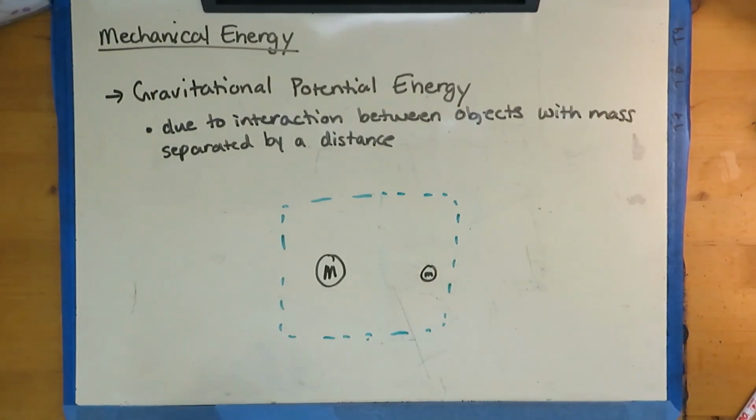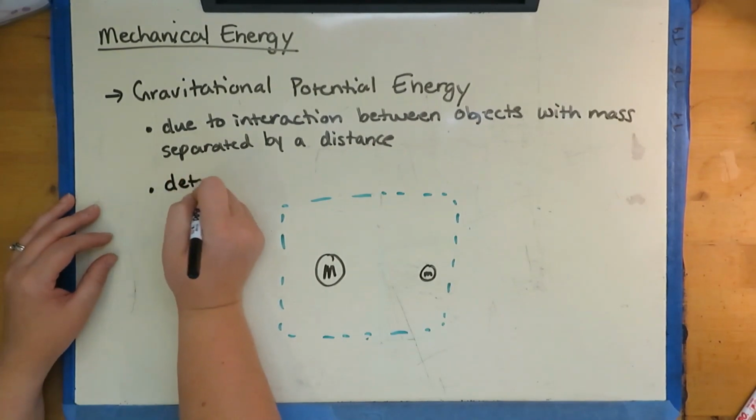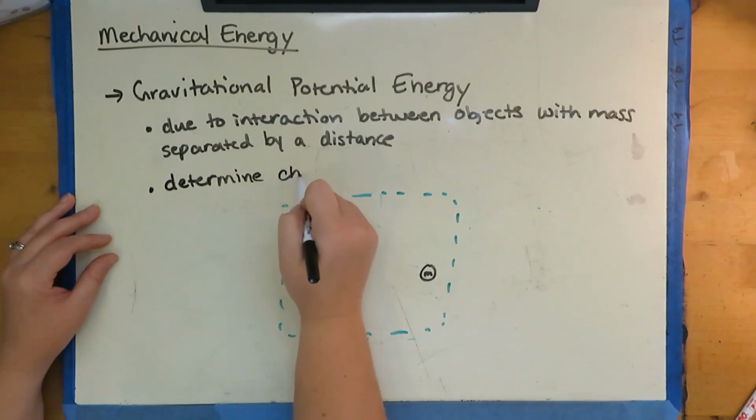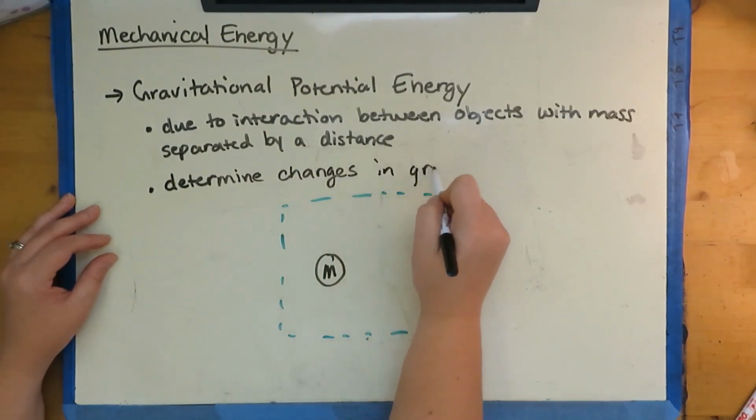The other thing that we have to consider is we cannot measure the absolute gravitational potential energy an object has. There's no way to determine. All we can do is we can only determine the changes in potential energy. So we can only determine the changes in gravitational potential energy.